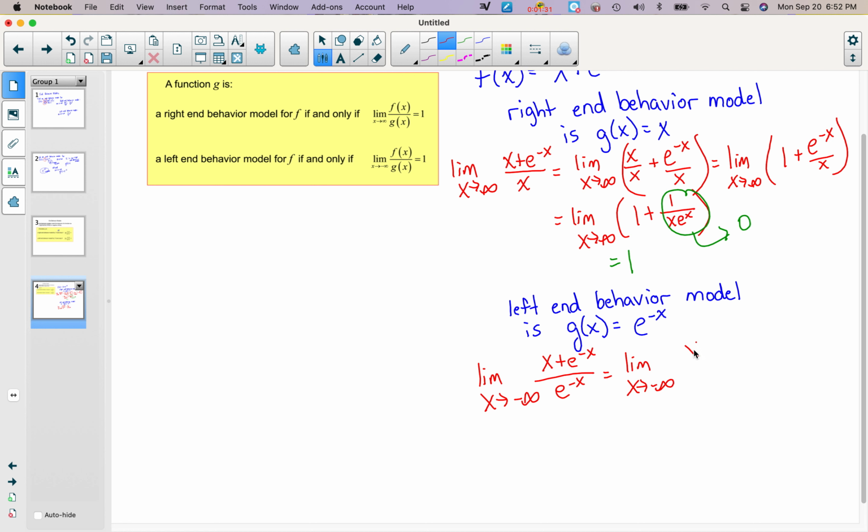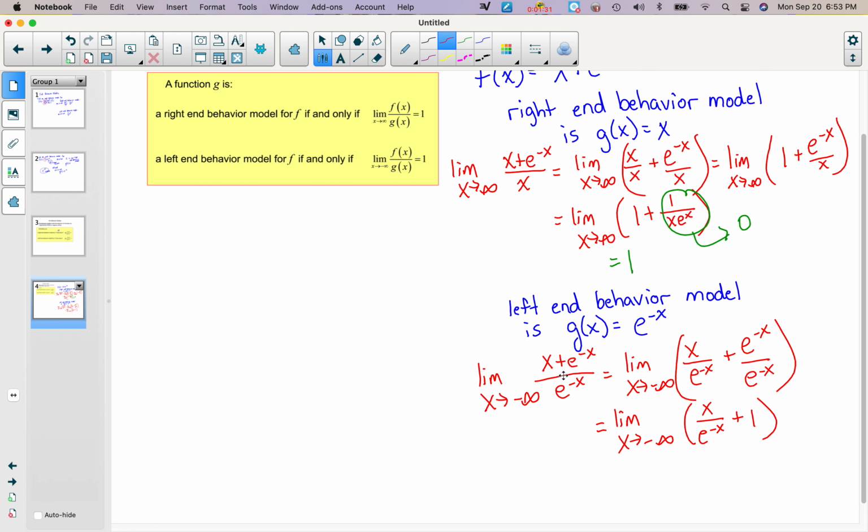I'm going to have x over e to the minus x plus e to the minus x over e to the minus x. I know you guys know I couldn't do that if it was the other way around, but it's over a common denominator, so I can split the fraction apart. So this just reduces to 1. I guess I should probably have parentheses there. So we have the limit as x approaches negative infinity of, I'm going to leave it like this.